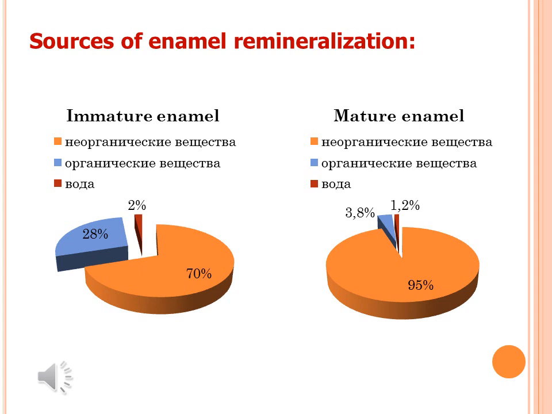Previously, it was believed that the change in chemical composition depends on the flow of substances through the pulp. However, according to the latest data, the change in the mineral composition of the enamel is due to the entry of various substances into it from saliva.